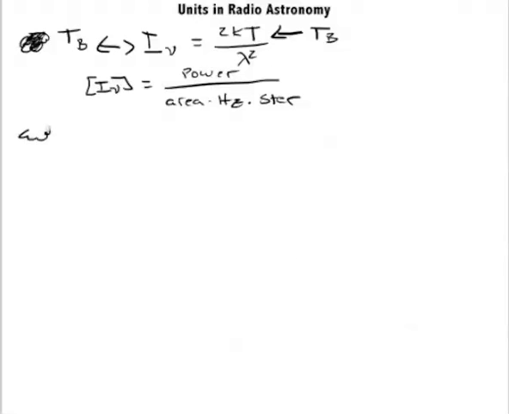Now suppose we have our source in the sky, but we also have a telescope that we make an observation with. In effect, what we're doing is we are integrating over the angular size of the source.